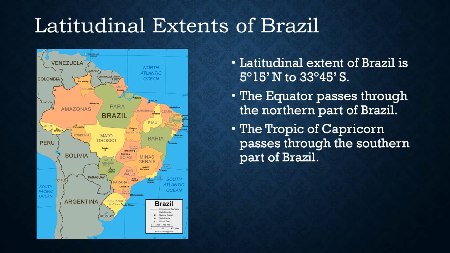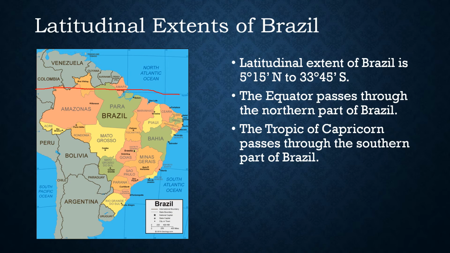Now we will see latitudinal extents of Brazil. Latitudinal extent of Brazil is 5 degree 15 minutes north to 33 degree 45 minutes south. The equator passes through the northern part of Brazil. See the map. In northern part of Brazil, equator passes.